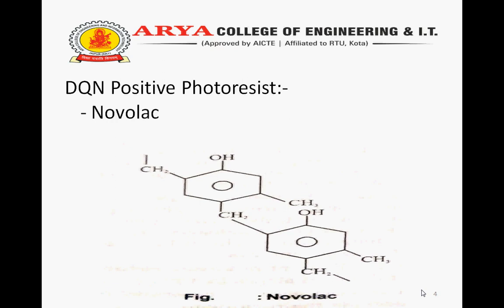It has a photoactive compound, diazoquinone, and a matrix material, novolac. The structure of novolac is shown in the figure. Novolac is a polymer whose monomer is an aromatic ring with two methyl groups and an OH group. Most novolac is used as an adhesive when making plywood by itself. It dissolves easily in an aqueous solution.